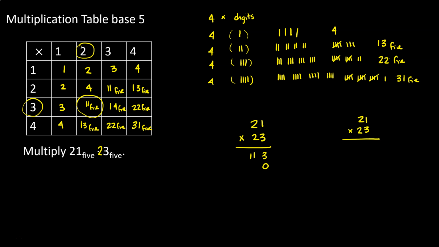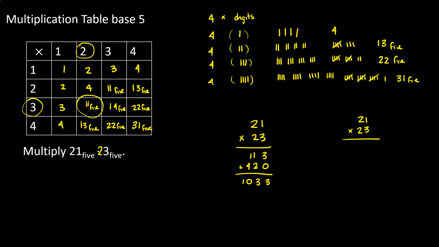Put a placeholder so that we can work in our groups of 5 place value. 2 times 1 is 2, and 2 times 2 is 4. Adding up here, I have 3 plus 0 is 3, 1 plus 2 is 3, 4 plus 1 is 1 group of 5. So we write 1, 0.